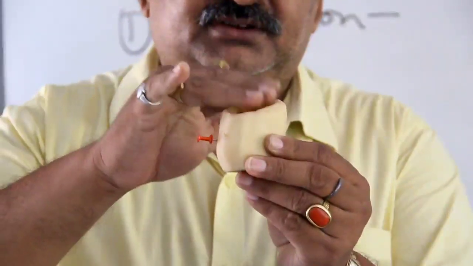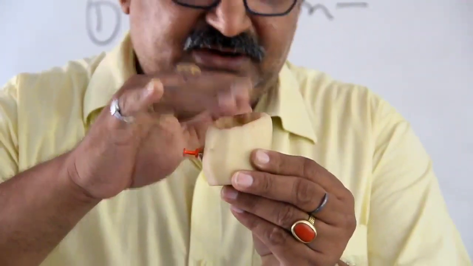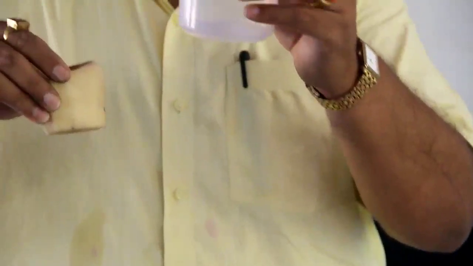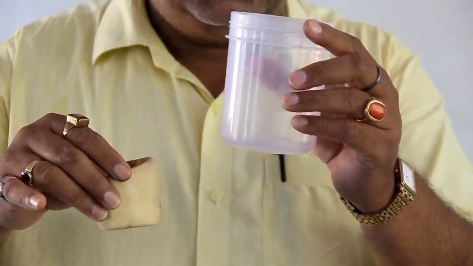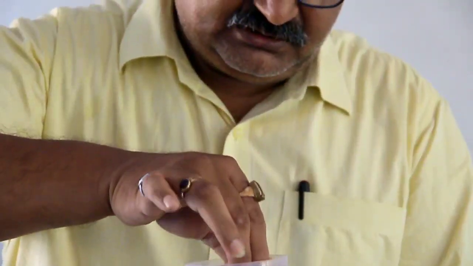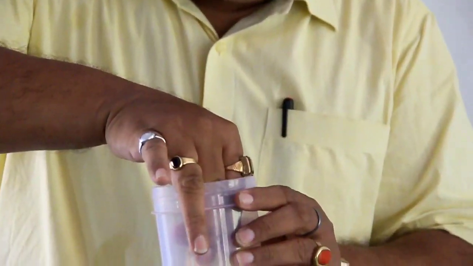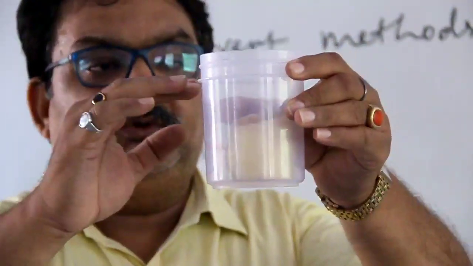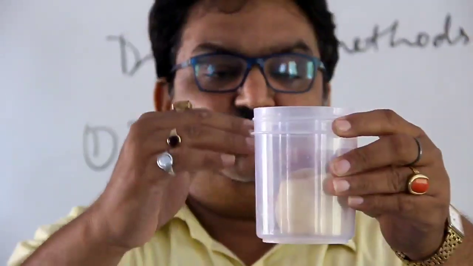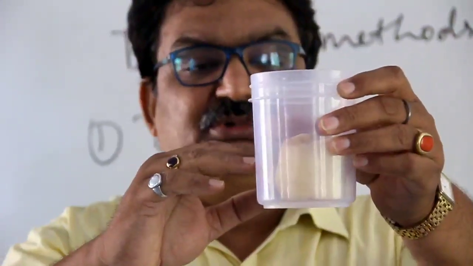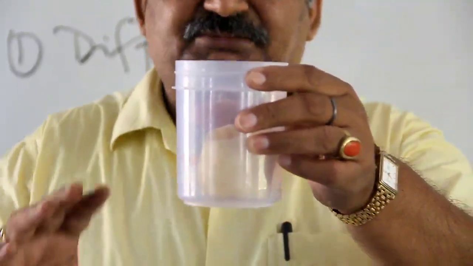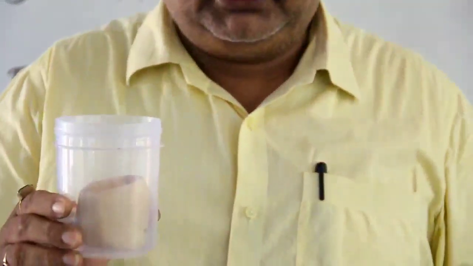Sugar solution is inside this cavity of the potato, and we have water in this beaker. Then you place this potato osmoscope in this. Water has to be filled in such a way that it does not flow over the potato. It needs to be below that. And then you place this setup for 2 to 3 hours.